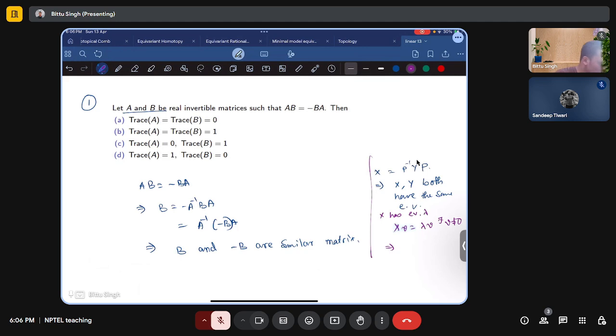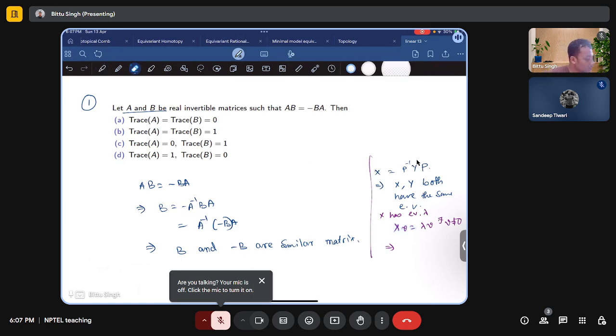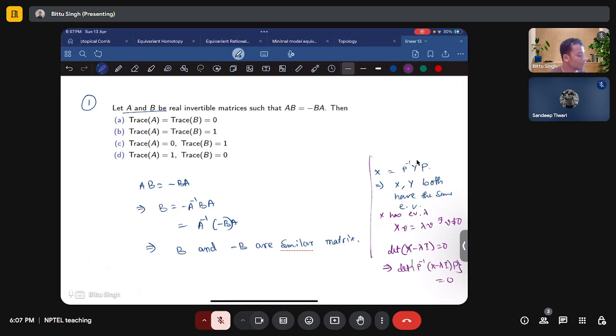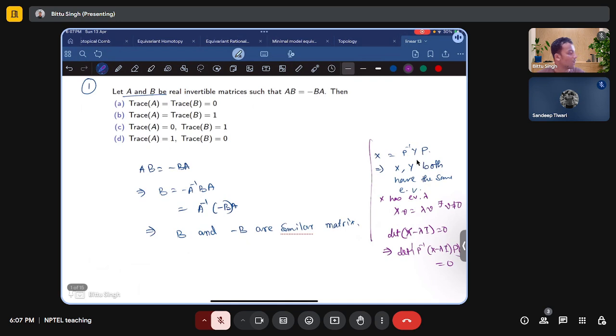We want to prove that lambda is also an eigenvalue of P inverse XP. See the fact that determinant of X minus lambda I is 0 will imply determinant of P inverse (X minus lambda I) P is also 0, because determinant is multiplicative.